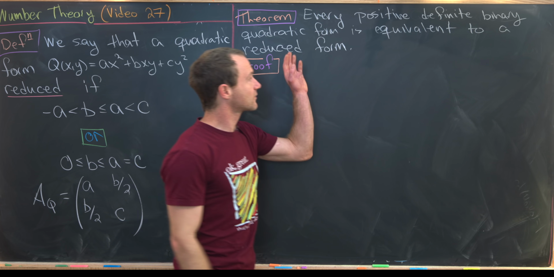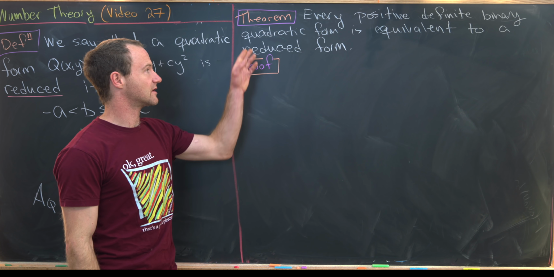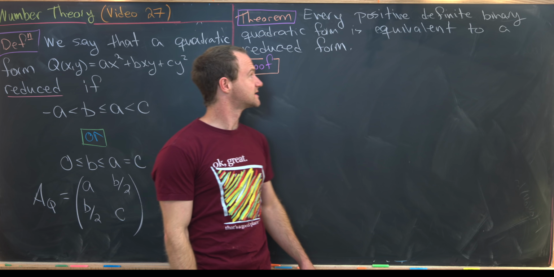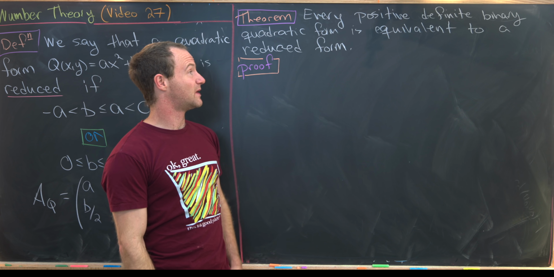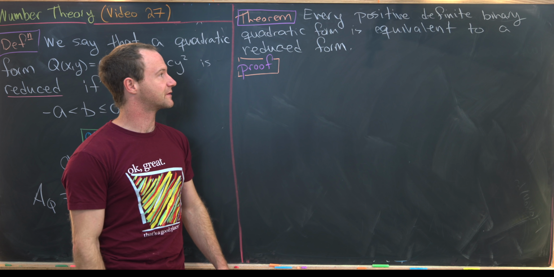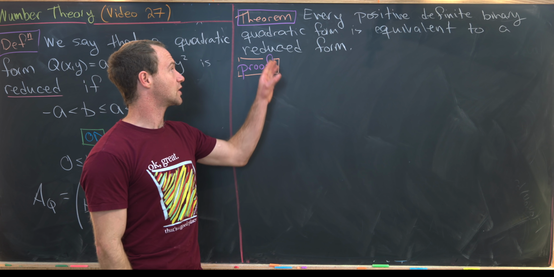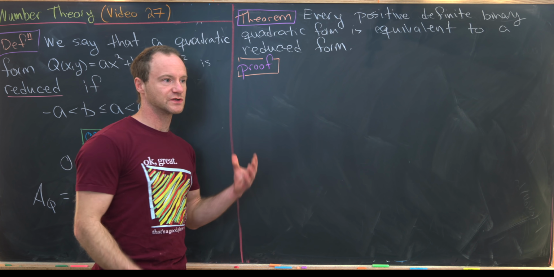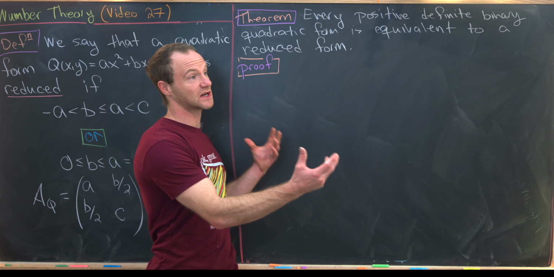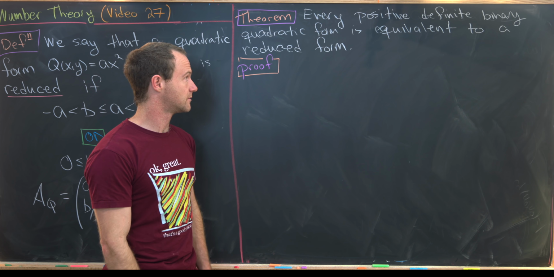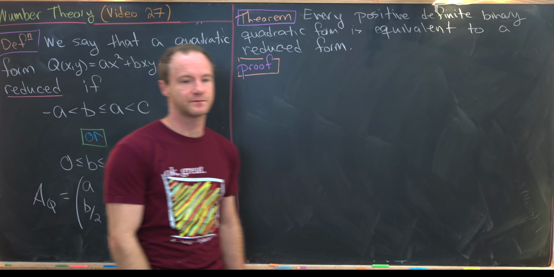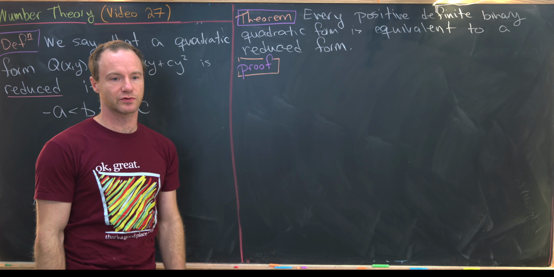That says that every positive definite binary quadratic form, in other words, every object like this that is positive definite, recall that definition from the first chalkboard, is equivalent to a reduced form. So in other words, we can find a matrix to conjugate that thing with so that we end up with these conditions. Okay, so let's maybe jump into the proof.